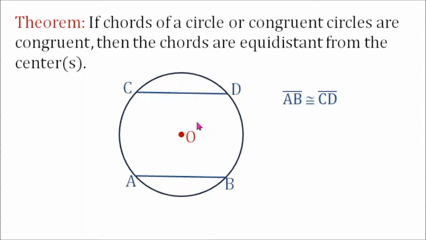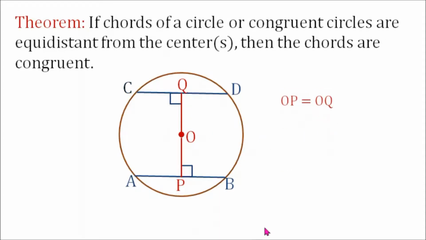So this means the distance from point O to chord CD is equal to the distance from point O to chord AB. So we can say OP equals OQ.